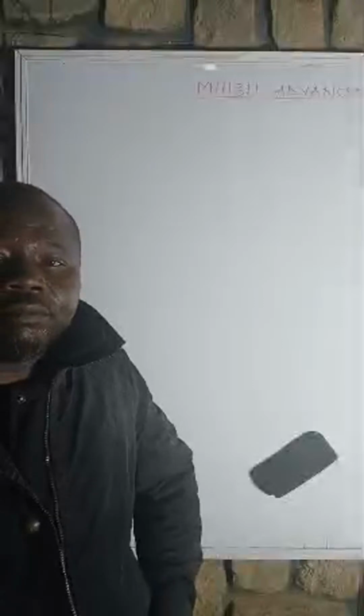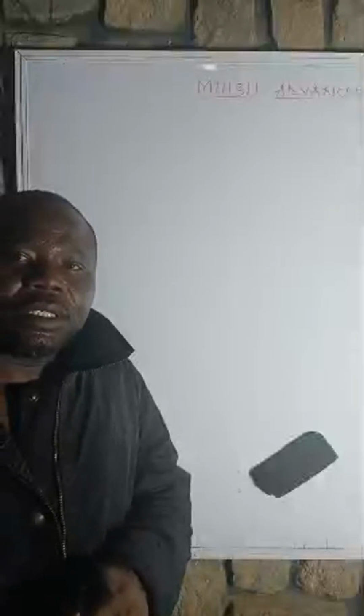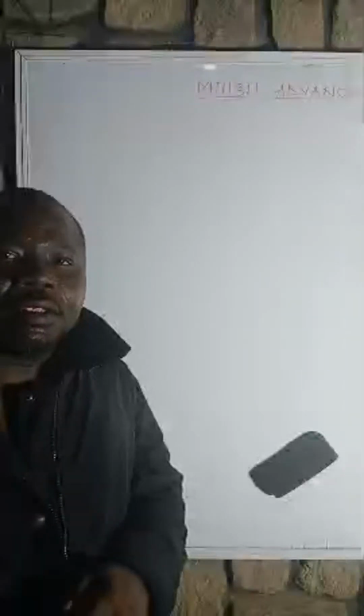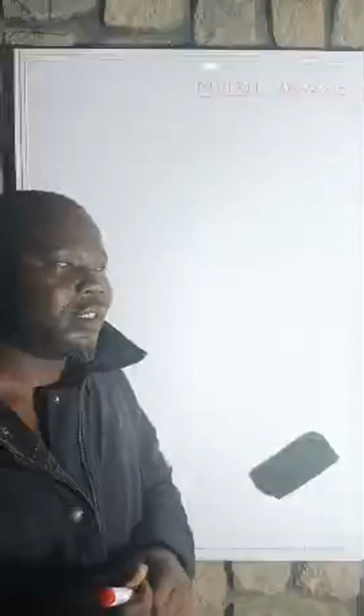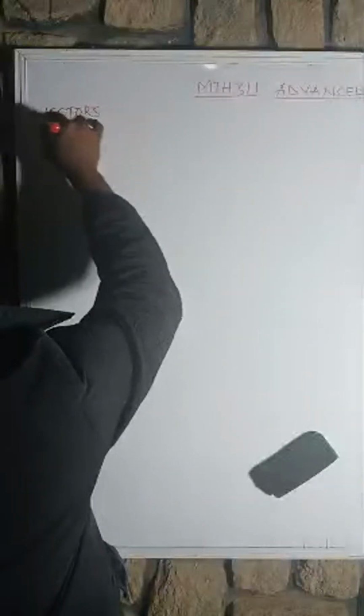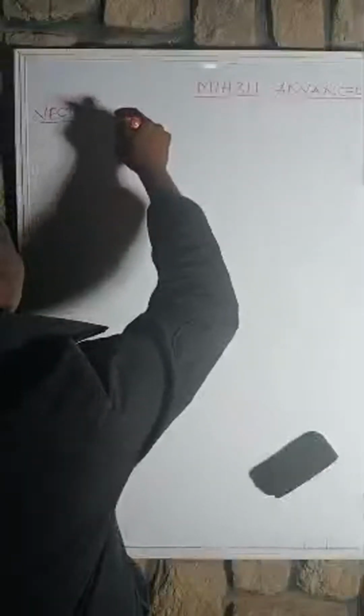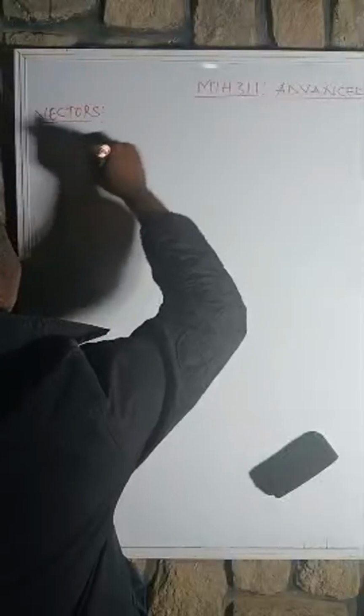a vector is a quantity that has both magnitude and direction. Is that clear? A vector is a quantity that has both what? Magnitude and direction.